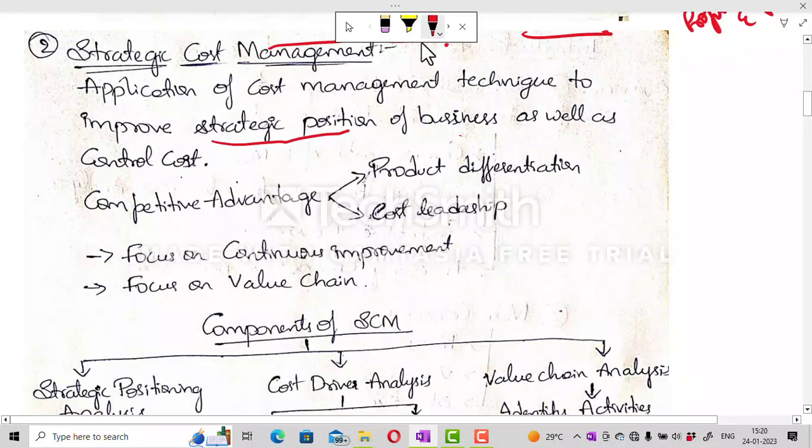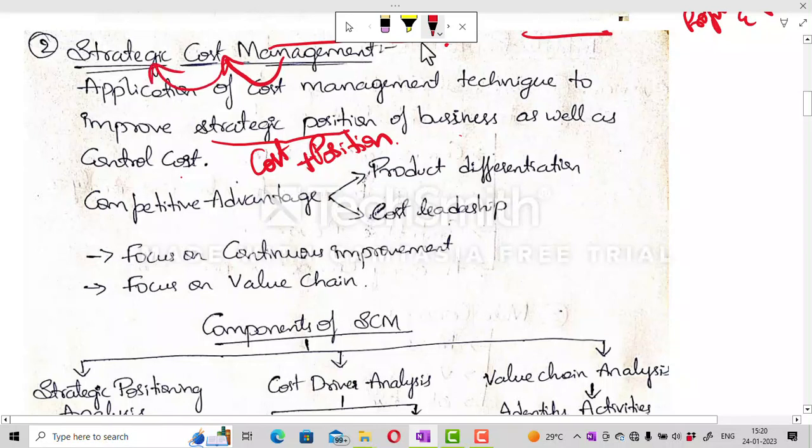See, it aims at both cost controlling and improving the strategic position. This is the main difference between traditional cost management and strategic cost management. Just in simple words, it is managing the cost strategically.